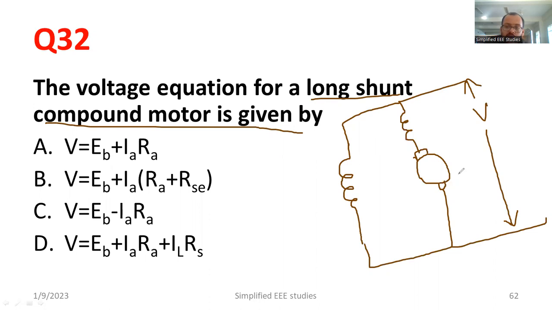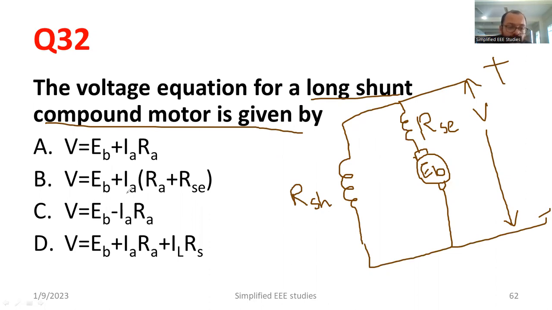Then we have the input, and this is your back EMF, which will be opposite to the terminal voltage. This is your series field, which we write as RSC, and we can write the shunt field as RSH. Correct. So this is regarding your long shunt compound motor.